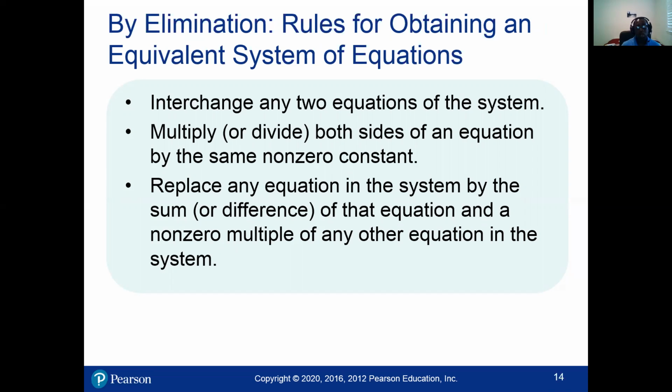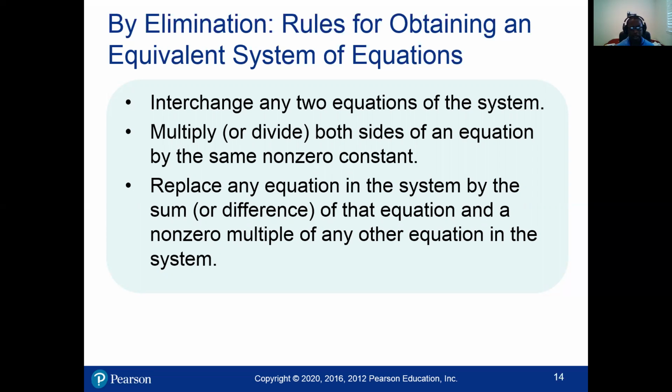you do any of the following, it gives equivalent results to the system. So if I multiply an equation by a non-zero constant, okay, if I solve that, it will be the same as the solution to the original system. So if you interchange any two equations of the system, it results in an equivalent system of equations.